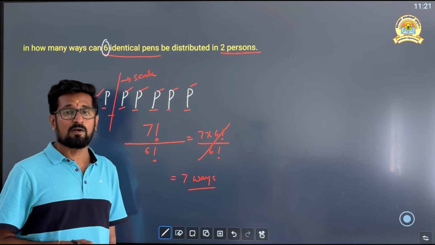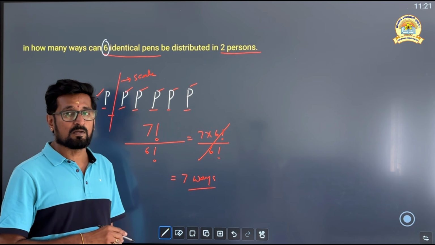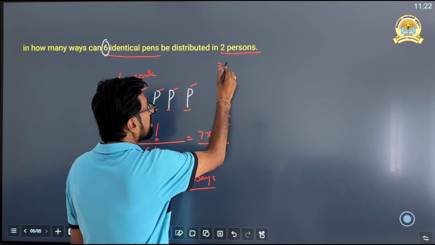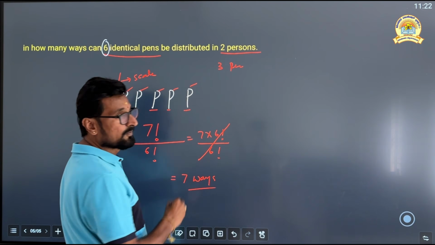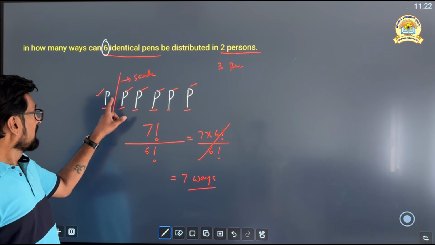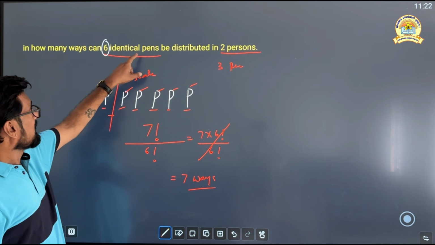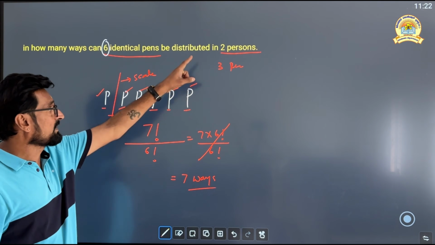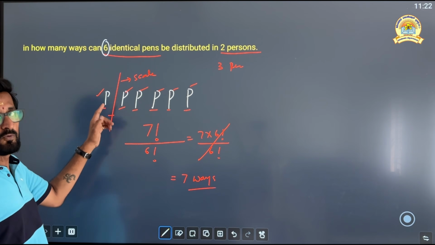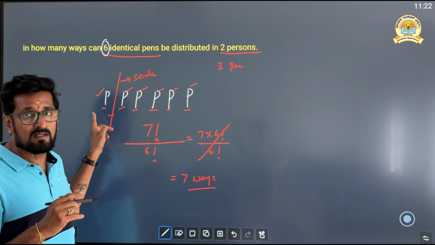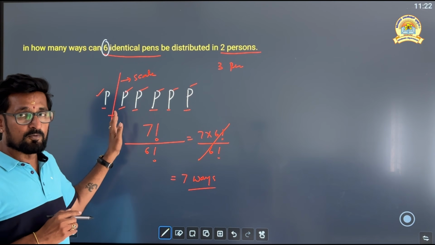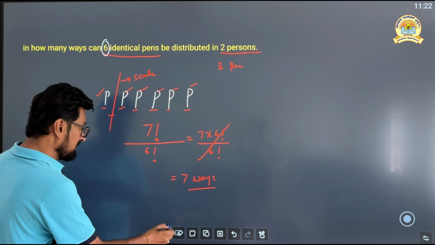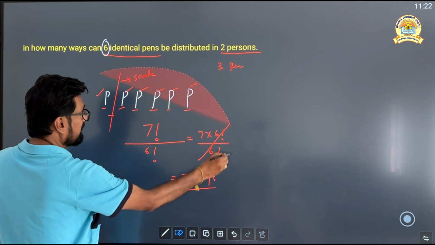Suppose I want to distribute these 6 identical pens among 3 persons, then how to do it? Here, 6 identical pens can be distributed to 2 persons in 7 ways, by keeping one scale between them. For 3 persons, you can arrange like this.